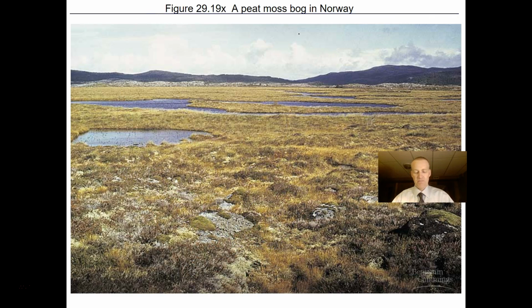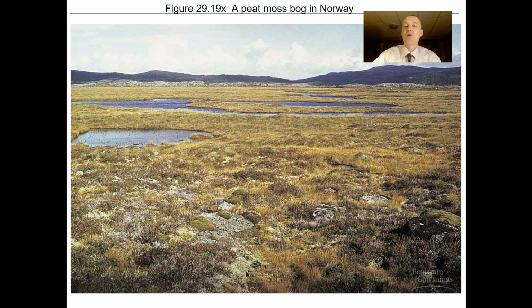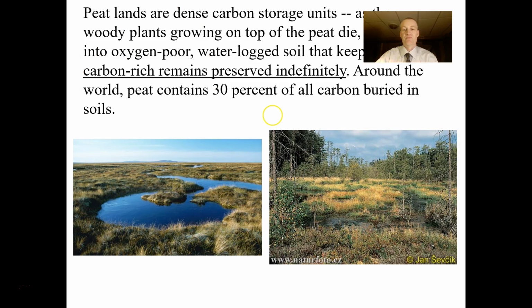So let me talk about peat for a second. These are pretty important creatures, these peat bogs that you might see. Peat bogs exist in Virginia, but they also exist all over the world. They're mostly found at higher latitudes, closer to the poles where you have tundra. But all of this stuff you see out here is peat moss.